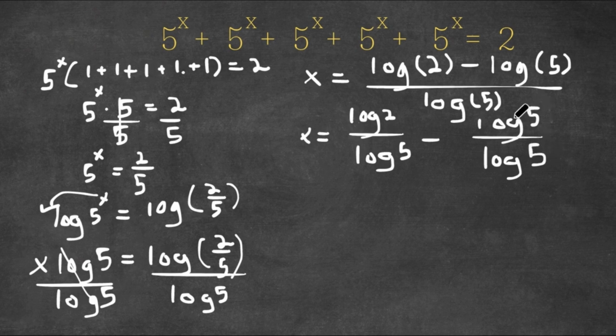Now log 5 over log 5, these two cancel out and it's simply just 1. So we get log 2 over log 5 minus 1.